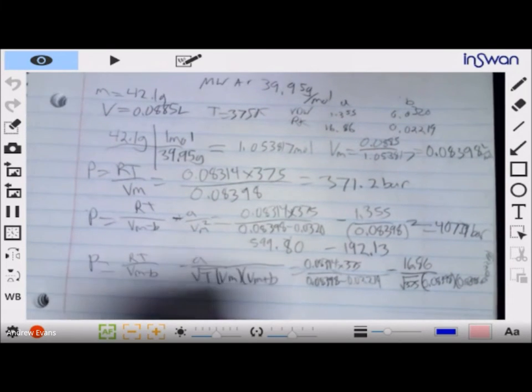Adding up each term again, 0.08314 times 375 divided by our V sub M minus B, 0.08398 minus 0.02219.